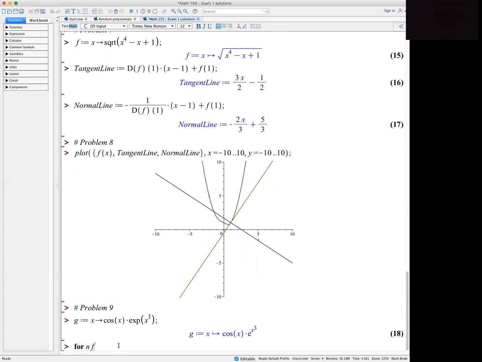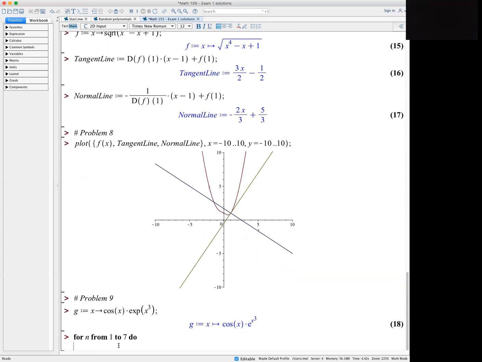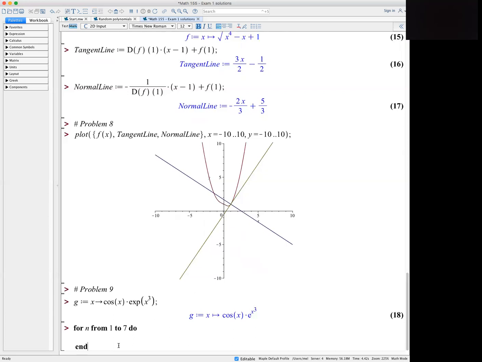So for n from 1 to 7 do, and I like to write in my end do so I don't forget. And how do you compute the nth derivative? It's diff n times of g of x.